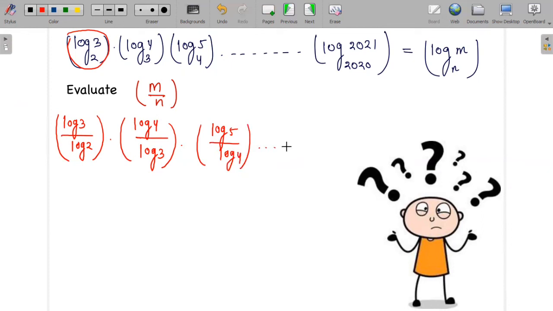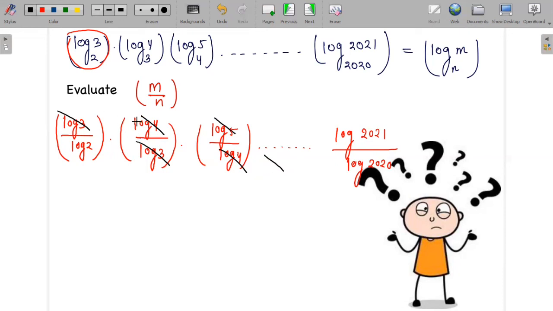Let's move up to the last term. It is log 2021 over log 2020. Now cancellation of the terms will take place. As you can see, this log 3 will no longer participate further, and so will this log 4 and log 5.